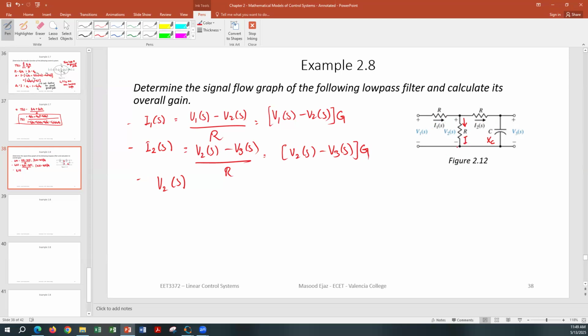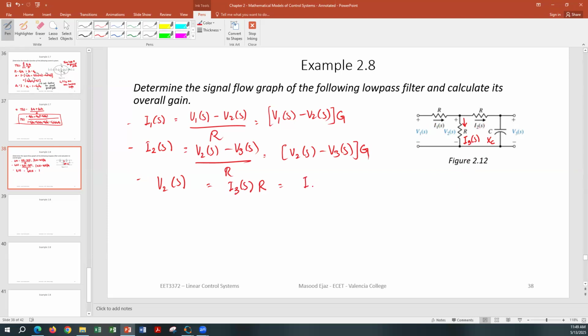Since we have I1 and I2 already, I can call it I3. So I3S times R is V2S. And what is I3? I1 is equal to I3 plus I2. So I3 is equal to I1 minus I2.